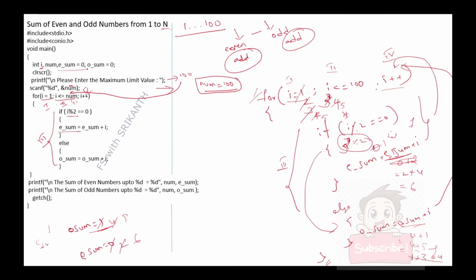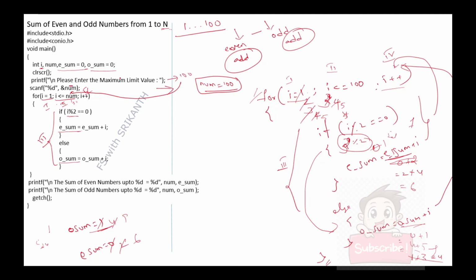The esum value is initially taken as 0, and if the condition is false, the else block is executed. In the else block there is osum, which is also taken as 0. Until the i value reaches 100, it will update esum and osum. esum means even sum and osum means odd sum.